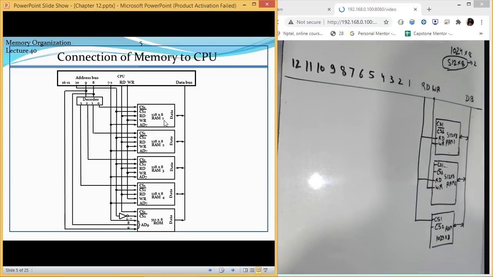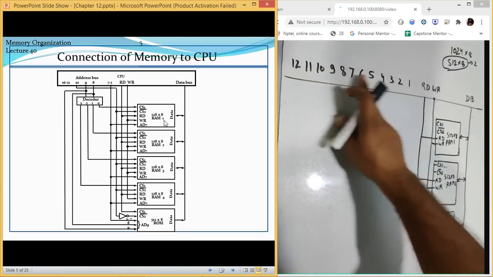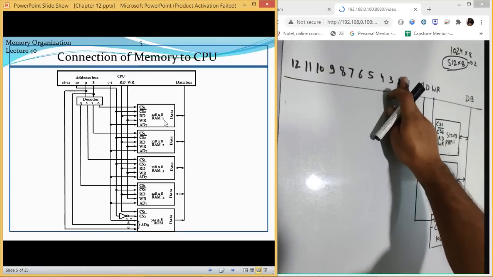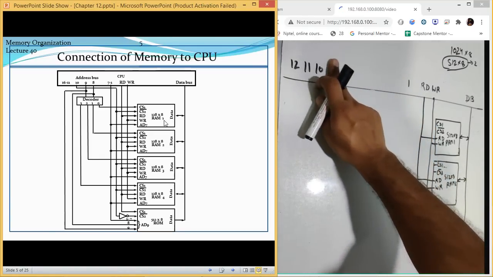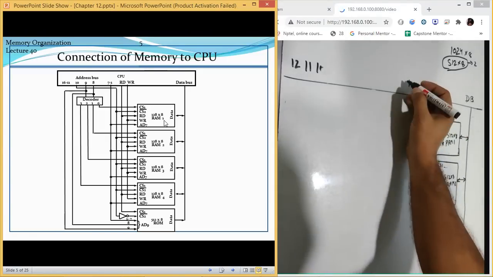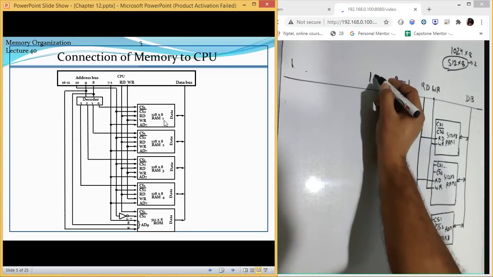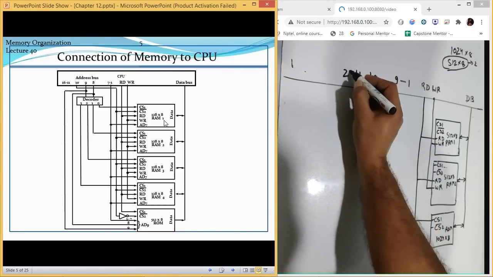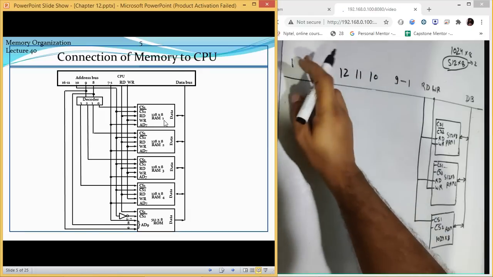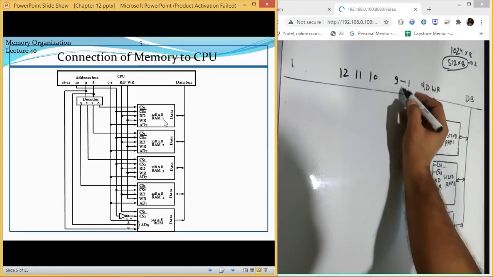So instead of showing all these 9 lines bit by bit, we can simply say that these lines are from 1 to 9, and the 10th bit is here, 11, 12, then 13, 14, 15 as well. Now these are 9 bits.